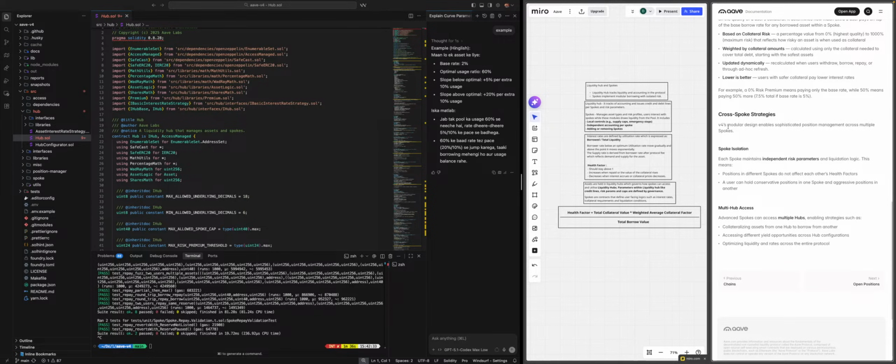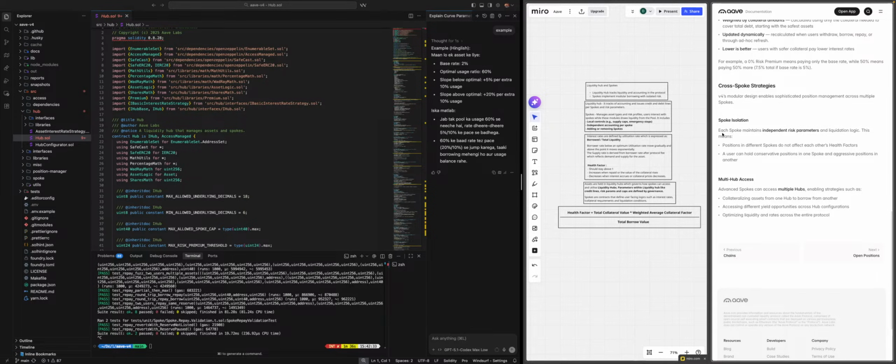Cross-spoke strategy: its modular design enables sophisticated position management across multiple spokes. Each spoke maintains independent risk parameters and liquidation logic. This means positions in different spokes do not affect each other's health factor. This is important.